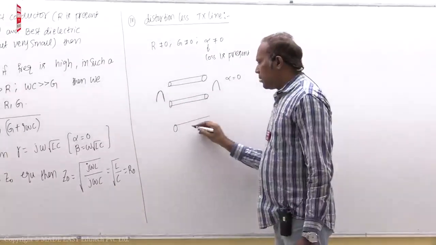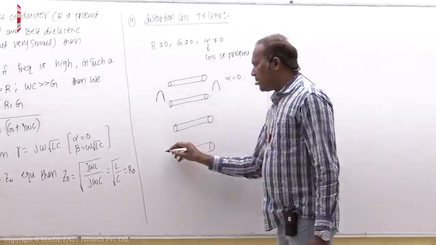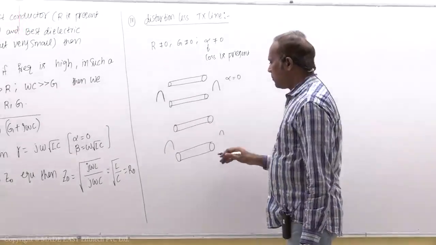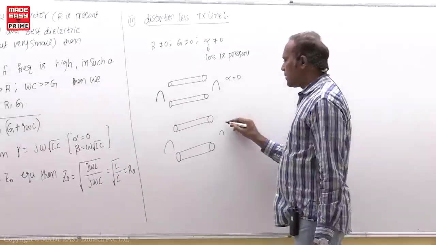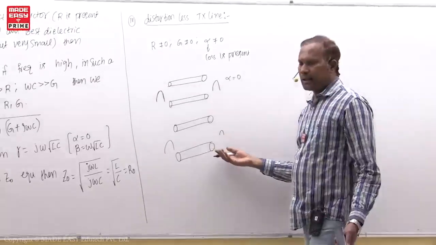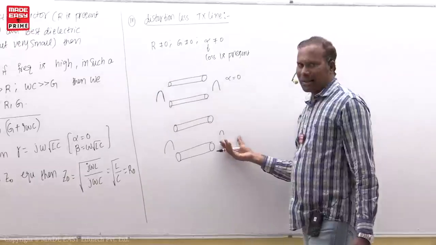For example, there is a transmission line. If I send a Gaussian pulse, now the height is decreased, that means there is no change of shape, that means distortion is not there. So this is also distortionless.